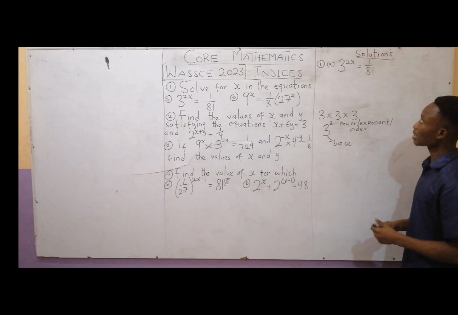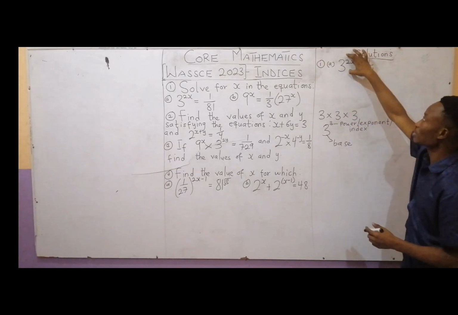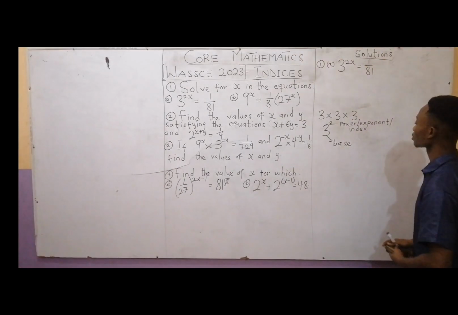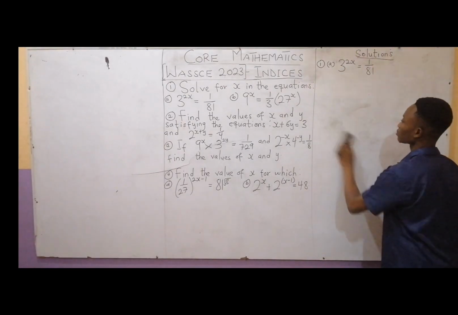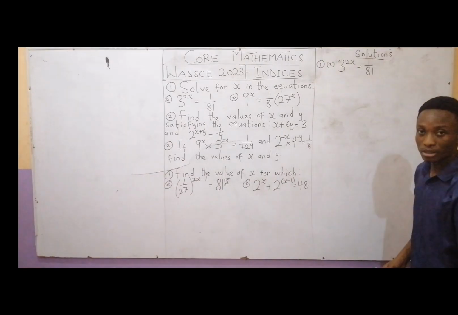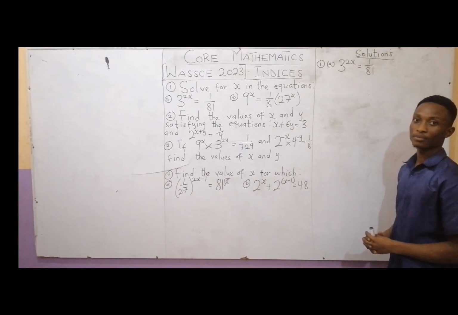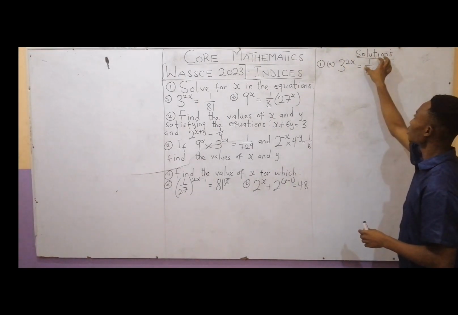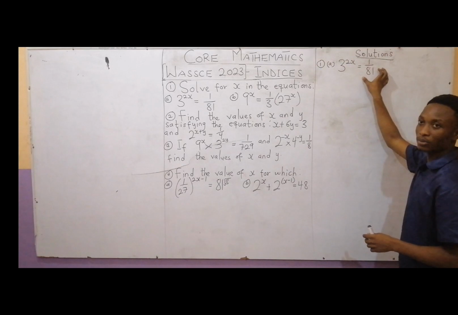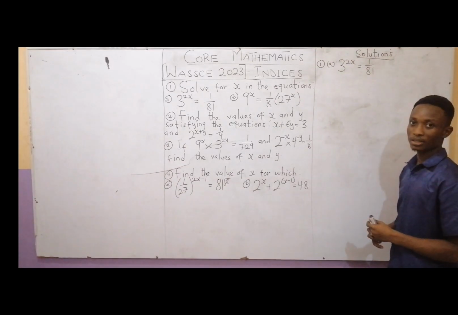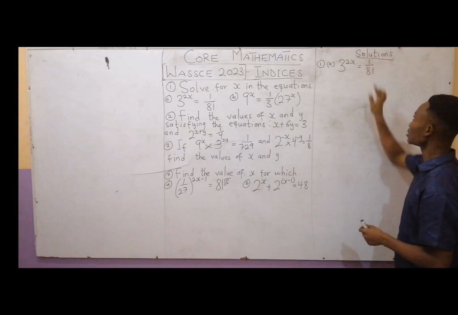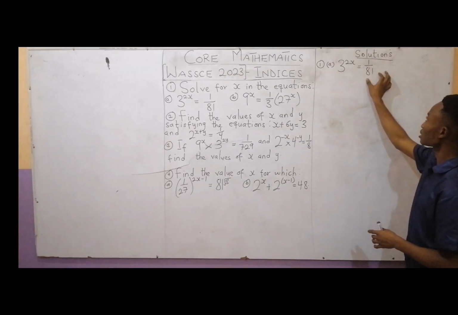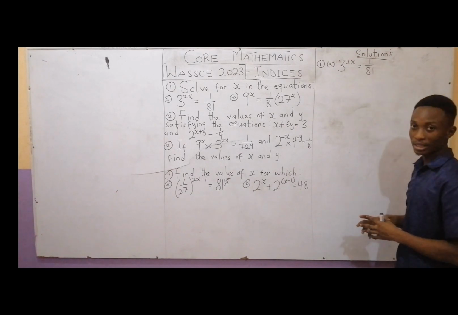So the first question is asking us to find x: 3 raised to the power 2x is equal to 1 over 81. So how do we go about this question? Now in indices, one of the rules says that you can reciprocate a base which is expressed as a fraction. So we have 1 at the numerator, 81 at the denominator. Indices tells me that I can express this in a reciprocated form.